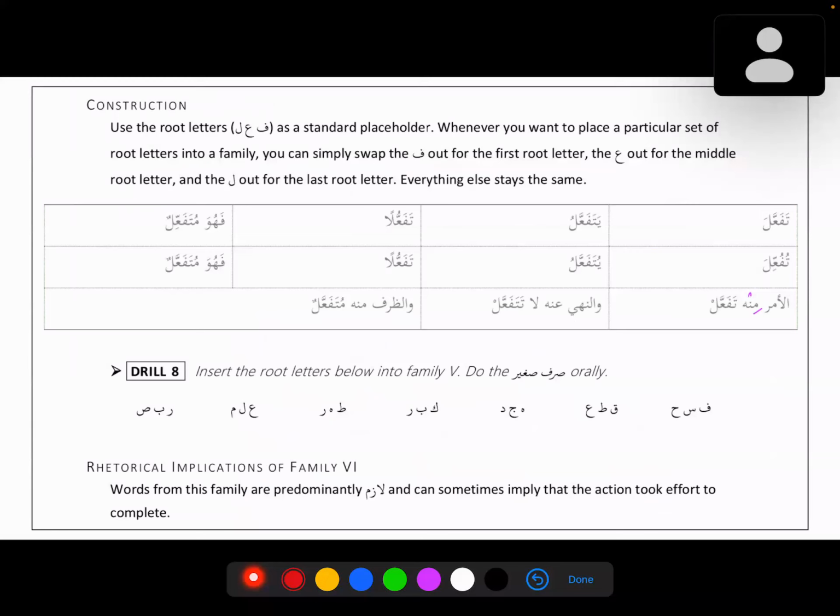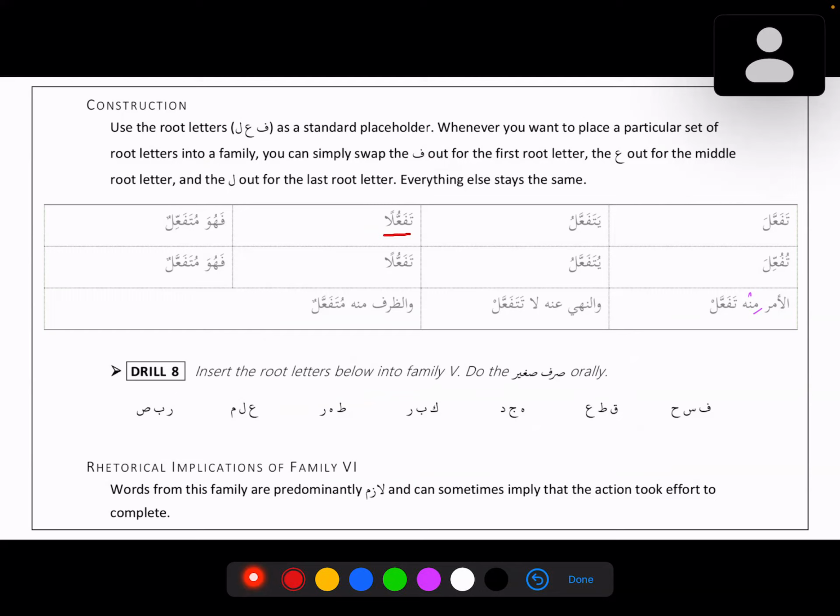Then we can also remember this template as tafa'ala: tafa'ala, yatafa'alu, and then tafa'ulan, fahuwa mutafa'ilun. Tufu'ila, yutafa'alu, tafa'ulan, fahuwa mutafa'alun.